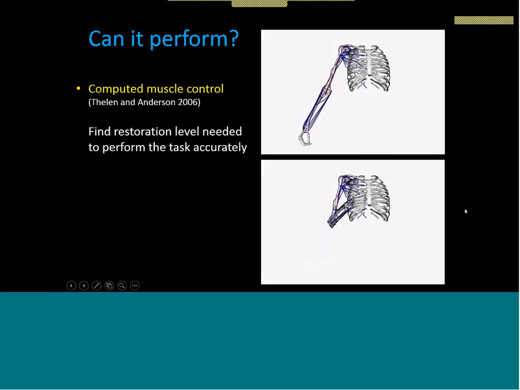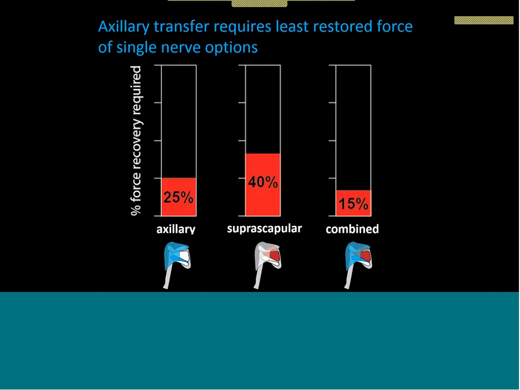So we looked for what restoration level was needed to keep the shoulder stable, and that's what we're looking at here. We're looking at the percent of force recovery that's required for each of these types of transfers. What we see is that 15% force recovery was required in the combined transfer to perform that simulation accurately.